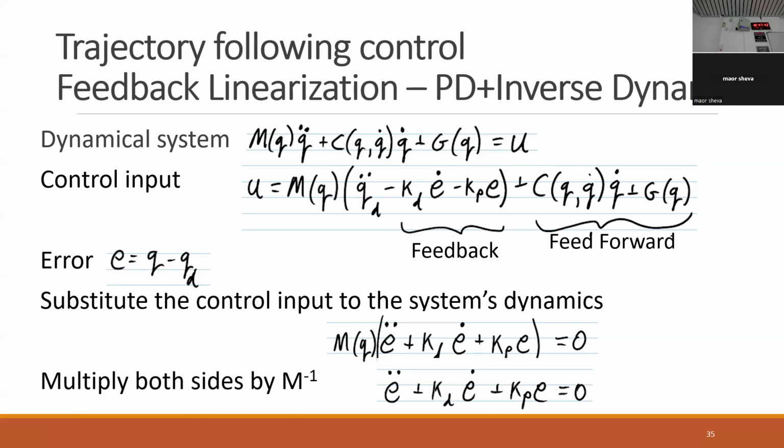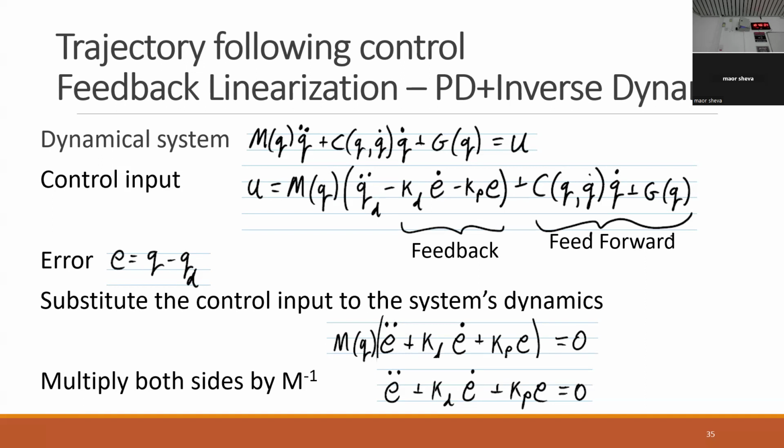And here I have another term, the C q dot plus G, which I can measure, since I can measure q and q dot. So I can measure this.